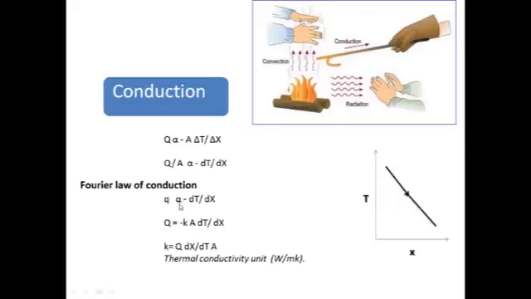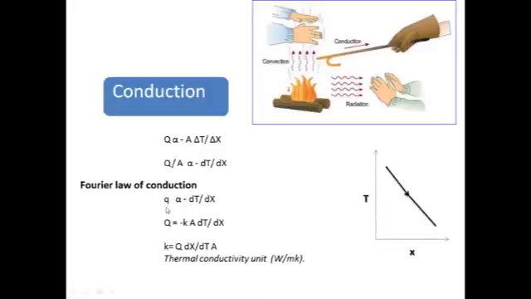The heat flux is directly proportional to dT by dx. Minus sign is introduced because if you look at this figure, in the positive x direction, the temperature drops because heat always flows from higher temperature to lower temperature. To make that transfer of heat in positive x direction as positive, the minus sign is indicated.